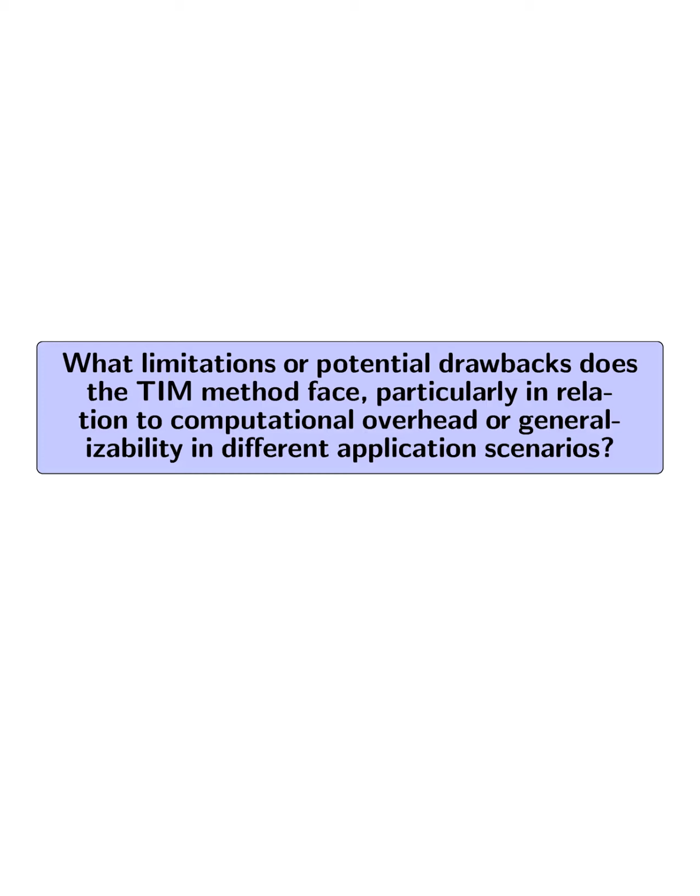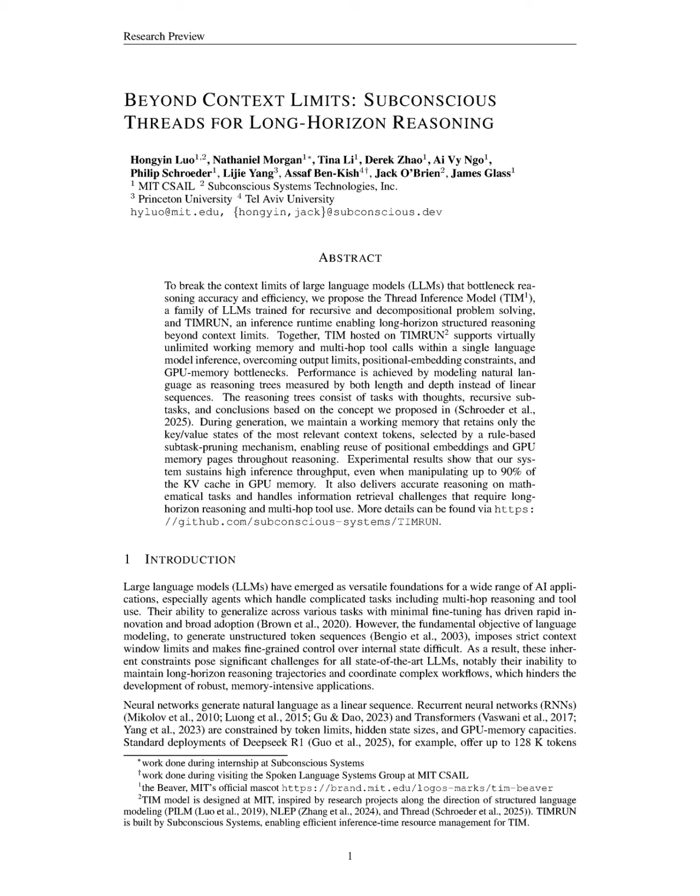What limitations or potential drawbacks does the TIM method face, particularly in relation to computational overhead or generalizability in different application scenarios? The TIM method faces several limitations and potential drawbacks, particularly concerning computational overhead and generalizability.